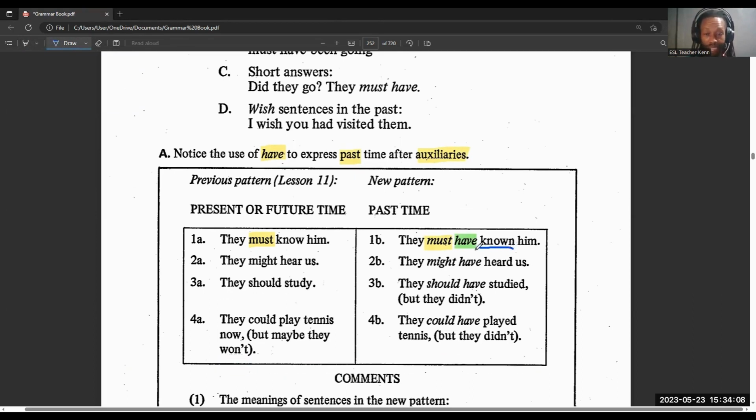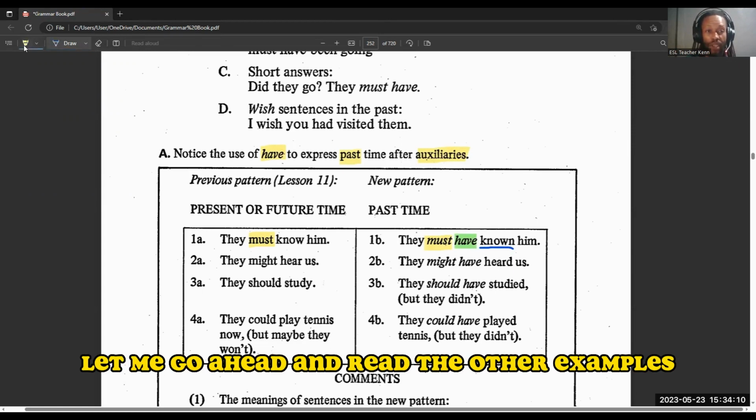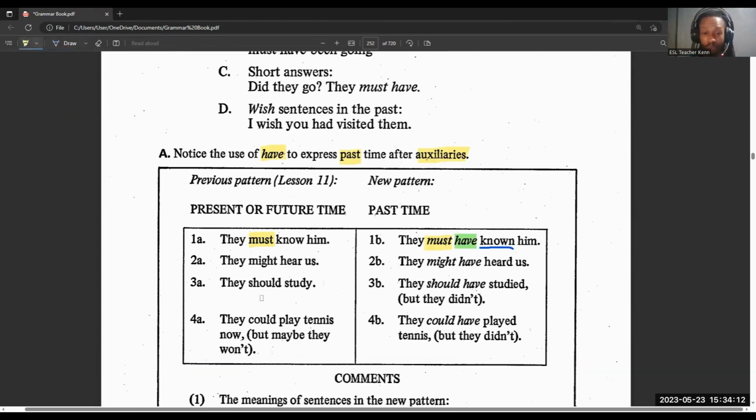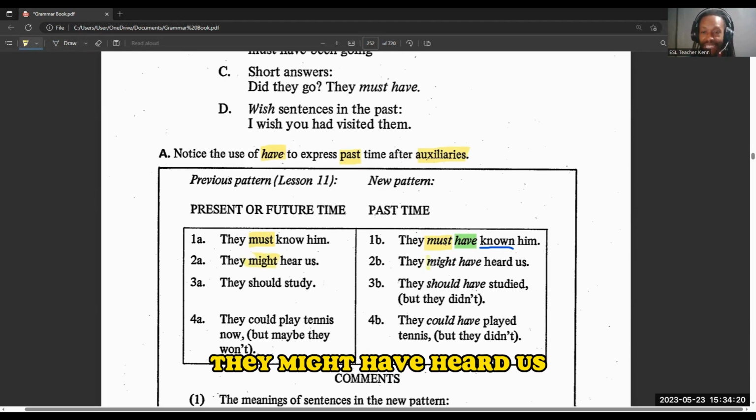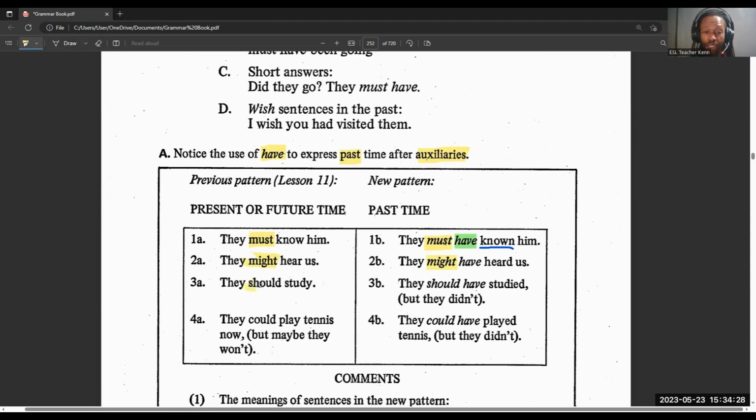Okay, let me go ahead and read the other examples as I color up. They might hear us. They might have heard us. They should study.